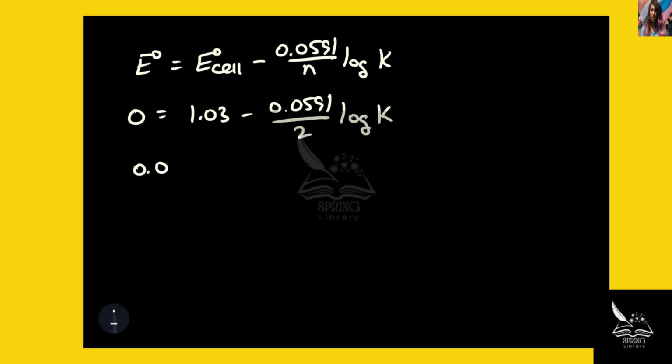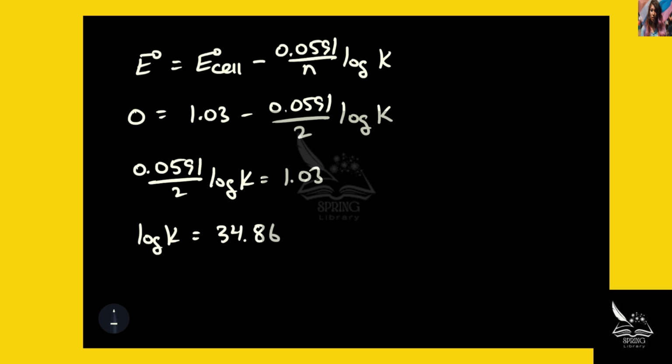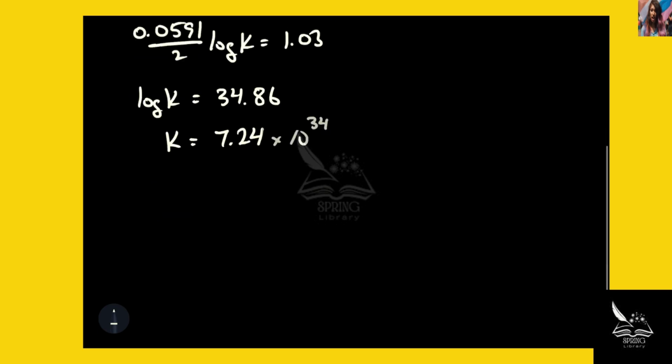So rearranging here, we get 0.0591 over 2 log of K is equal to 1.03. Log of K is equal to 34.86, and taking the inverse log, we get an equilibrium constant of 7.24 times 10 to the positive 34.